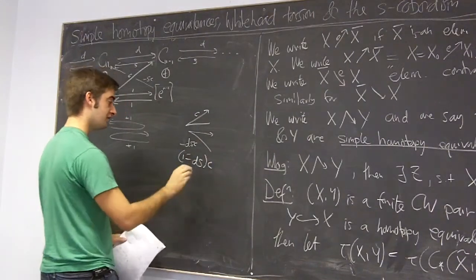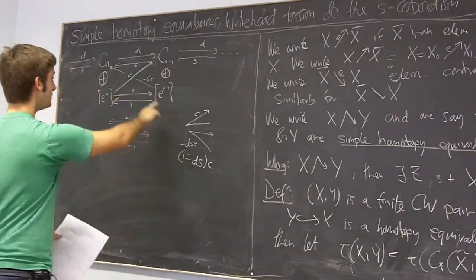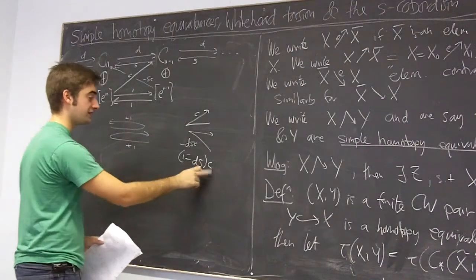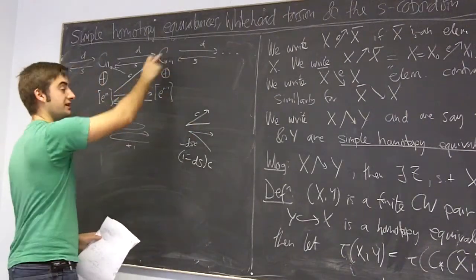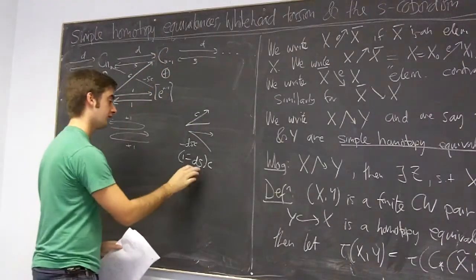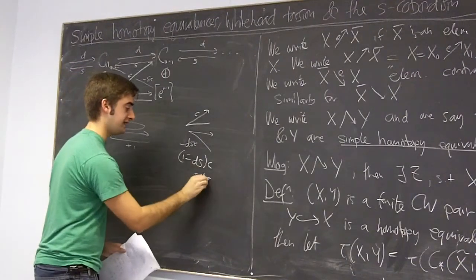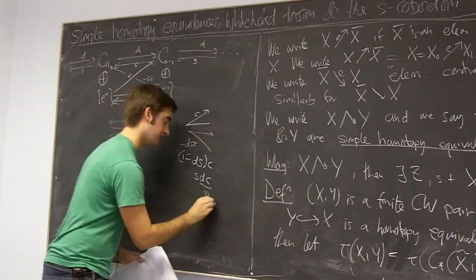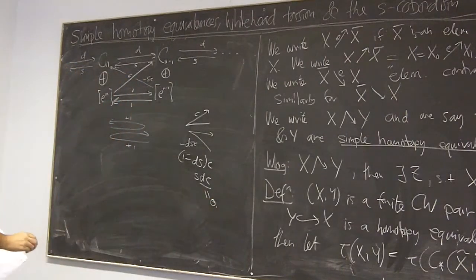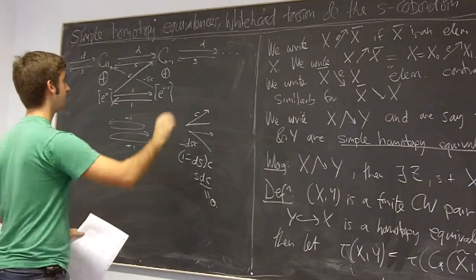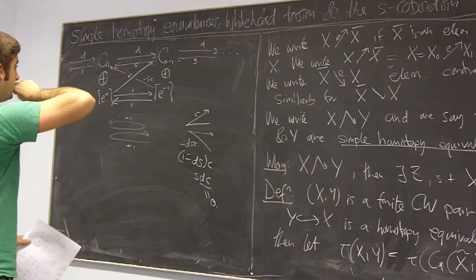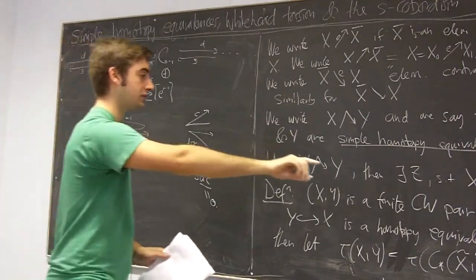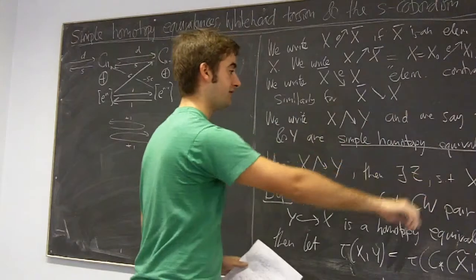But because this is a chain contraction on the chain we already had to begin with, we can write this as Sd of c, but d of c is 0 because of the way c was defined.